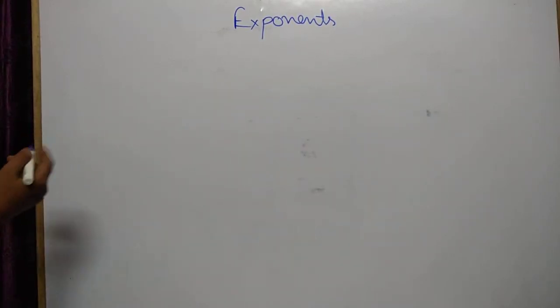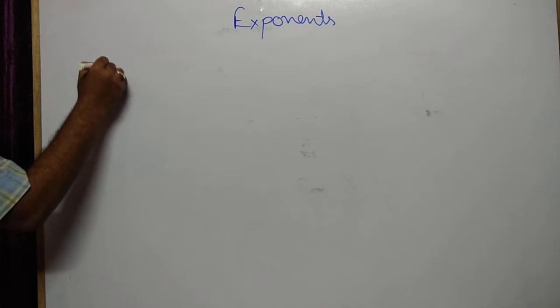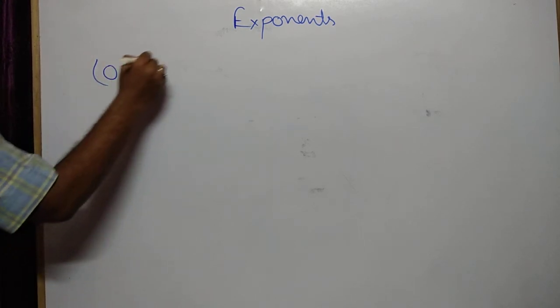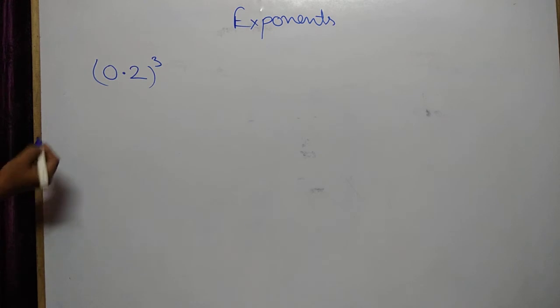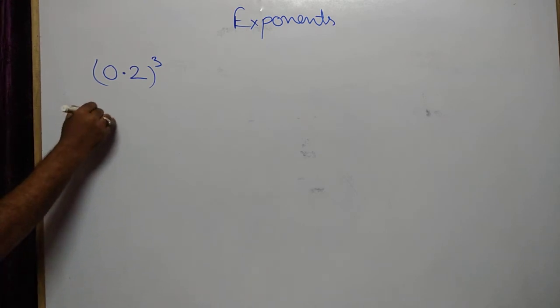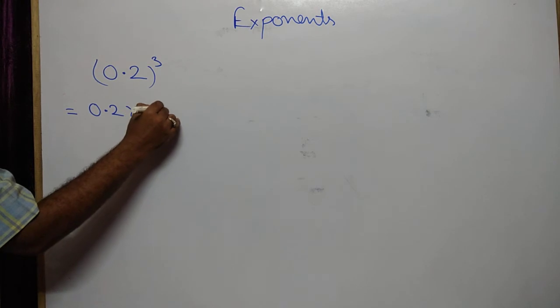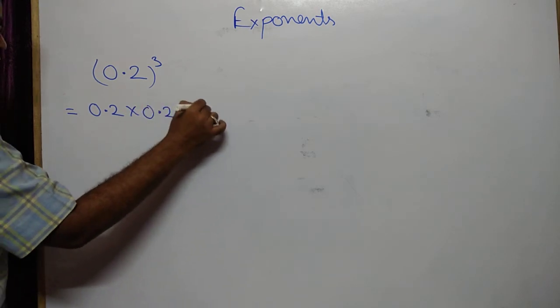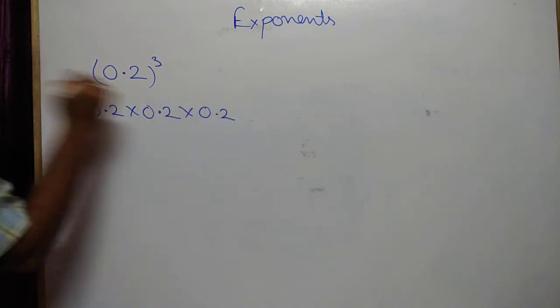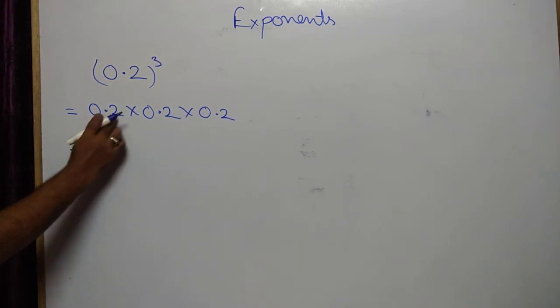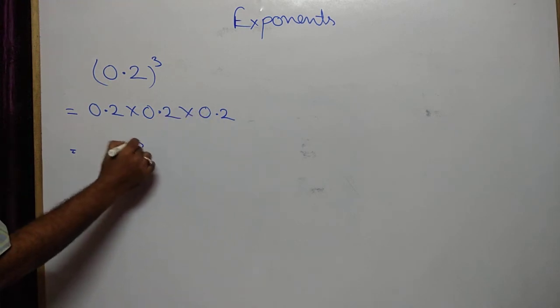Suppose you are given 0.2 whole to the power 3. What does it mean? It means 0.2 into 0.2 into 0.2, and you have to find the answer. It's easy: 2 2s are 4, 4 2s are 8.